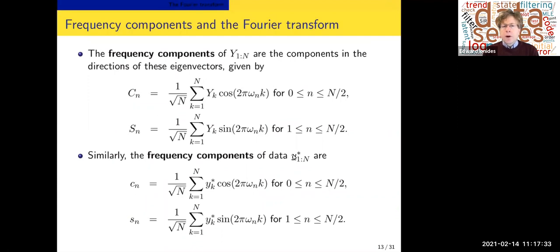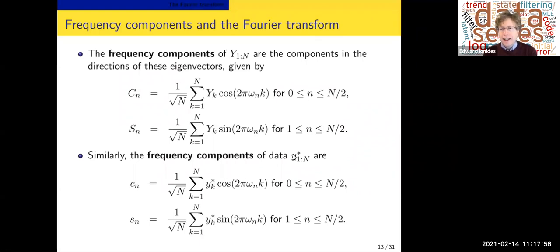Now, one of the things that's convenient for looking at the frequency domain representation, it turns out, is that we can calculate the frequency components relatively easily. So the frequency components are the components in the direction of these eigenvectors. They just have this form here.